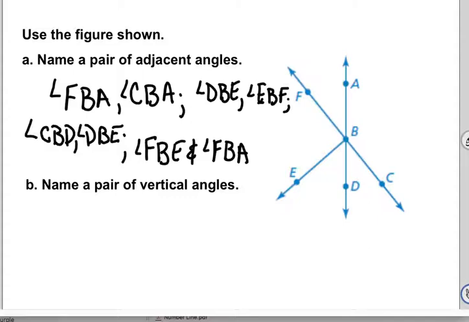Now that's a straight angle, isn't it? Okay. Vertical angles. Anna? FBA, and which other one? EBD. What do you think, class? Are they vertical? They do share the same vertex, but they're not across from each other. So that won't work, okay?